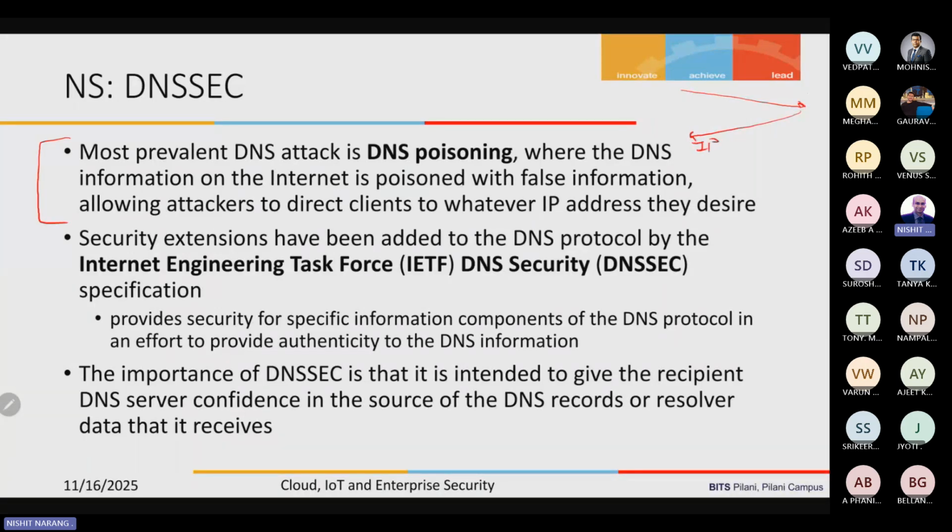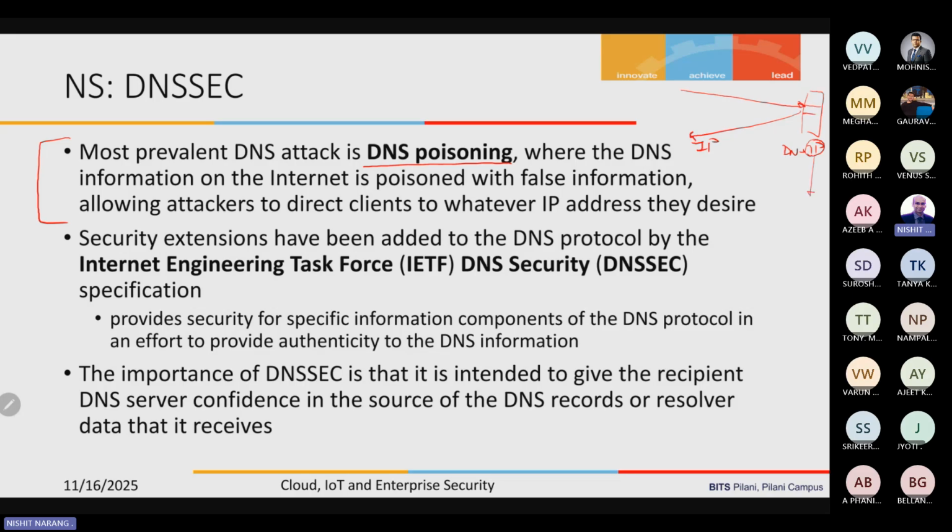Now, to do that, the DNS server relies on a database where it has kept a mapping between the domain name to the IP address. Now, if somebody were able to poison the records in this database, this is where the name DNS poisoning comes in, and replaces the legitimate IP address corresponding to Amazon.com with a malicious IP address.